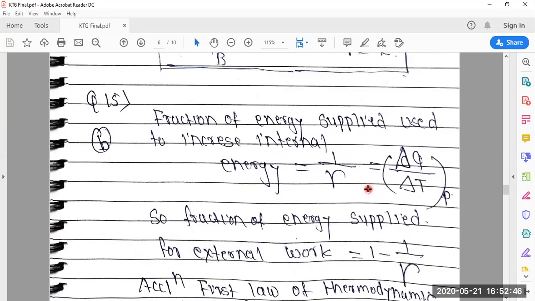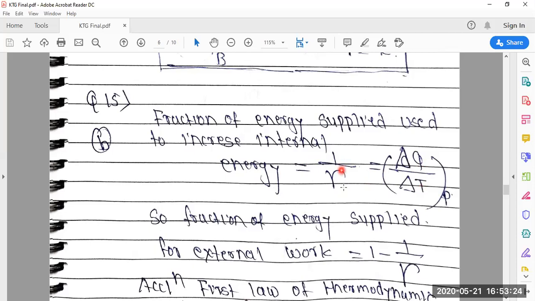Question number 15. A gas is heated at constant pressure. The fraction of heat supplied used for external work is? When the gas is heated, the supplied heat is used for two purposes. One is to increase the internal energy and the second is to do work. The amount of heat used to increase the internal energy is 1 by gamma of dQ.